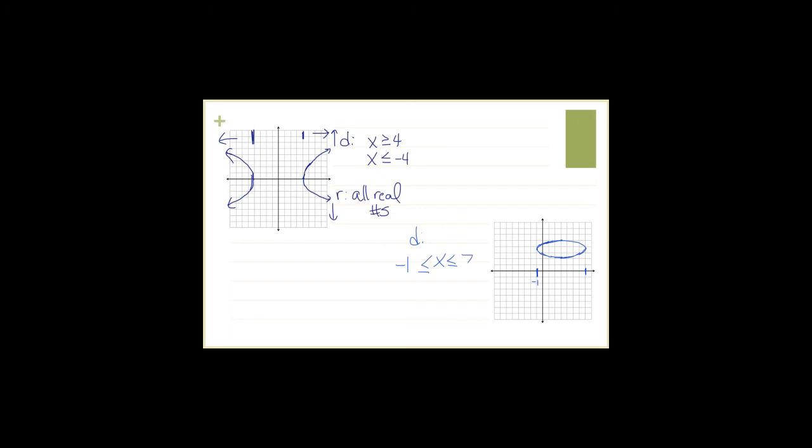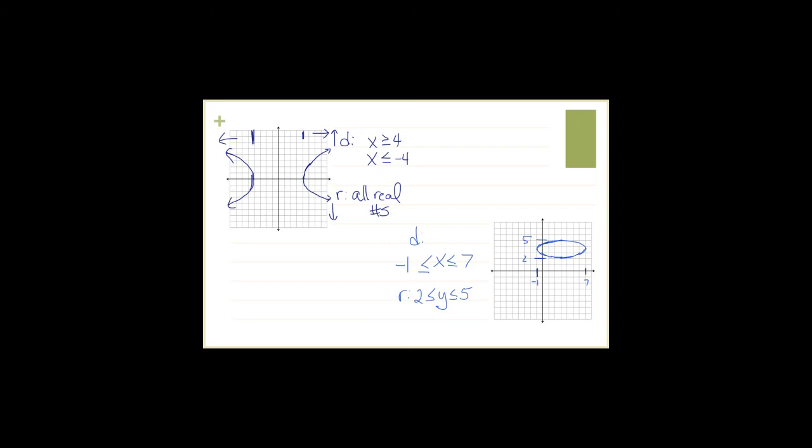I hope it's 7, right? I think this is 7. Yep. So the domain is from -1 to 7. And the range is from here, which is 2, to here, which is 5. So the range is between 2 and 5.